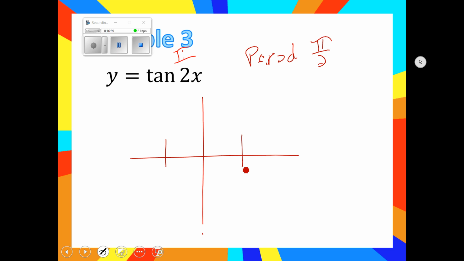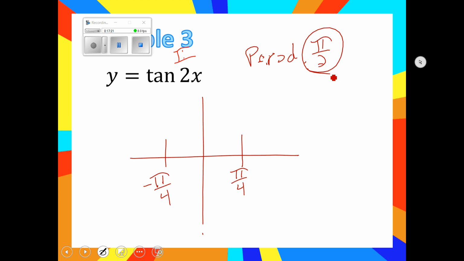So where would I go to here? Pi over 4. Where would I go to here? Does everybody agree the distance between negative pi over 4 and positive pi over 4 is a full distance of pi over 2?